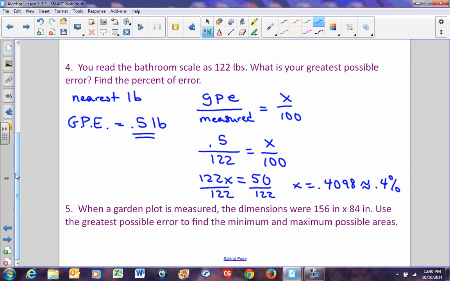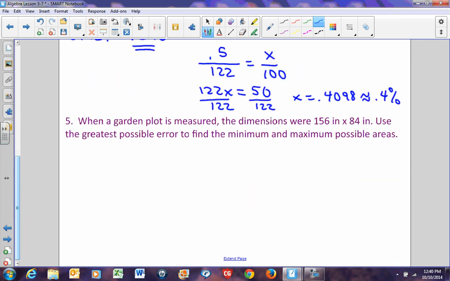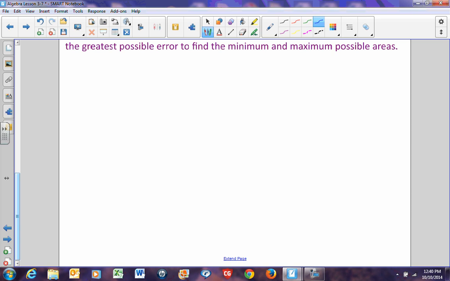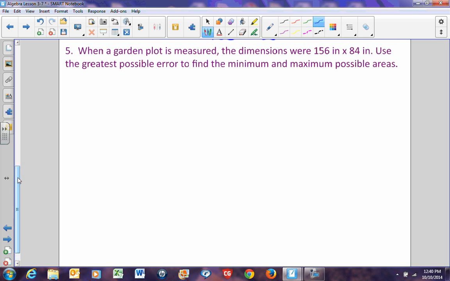All right, when a garden plot is measured, the dimensions were 156 inches by 84 inches. Use the greatest possible error to find the minimum and maximum possible areas. We measured to the nearest inch, so our greatest possible error is half an inch, which means our dimensions can change.